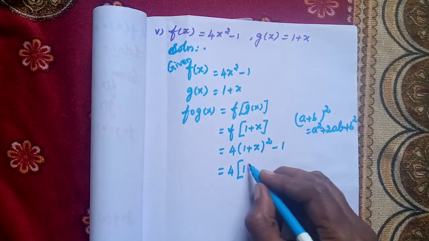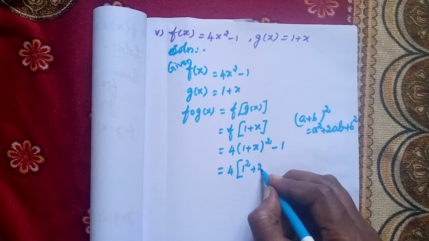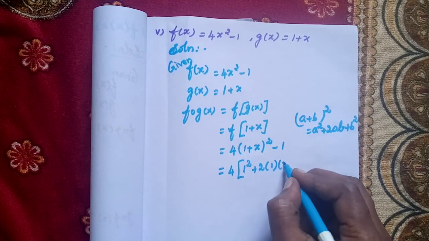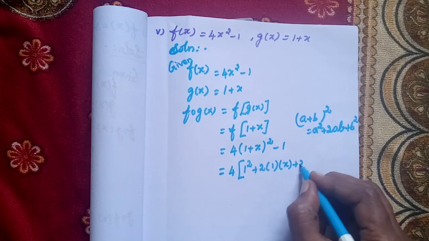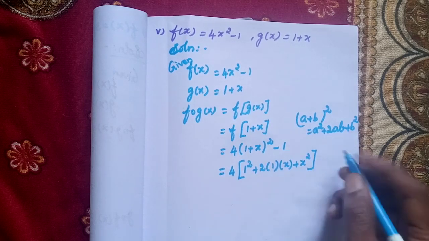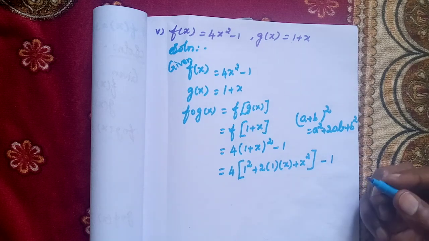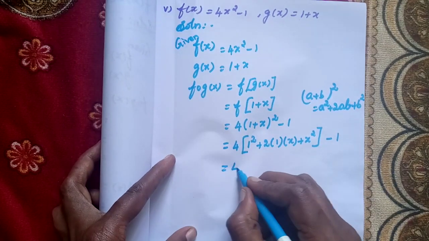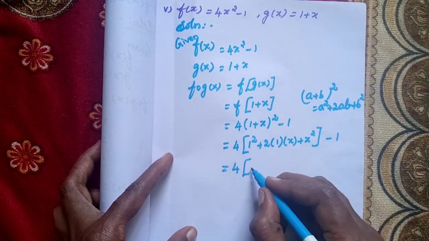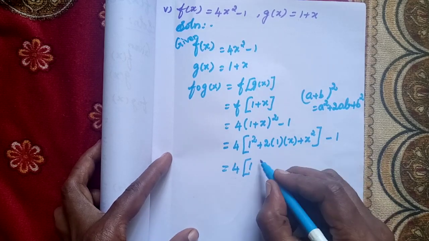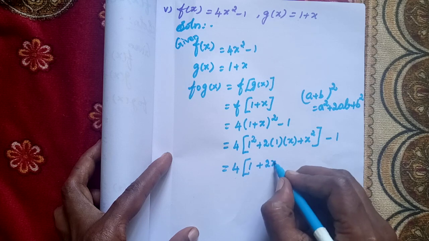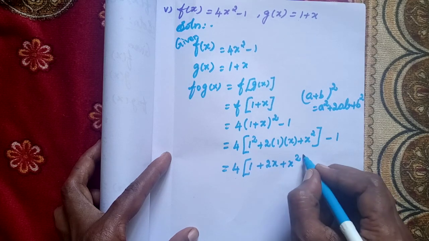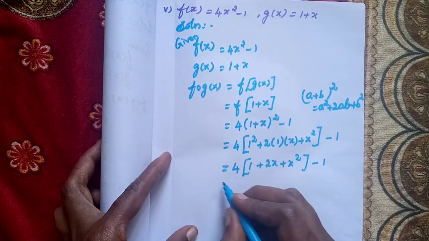So 1 square plus 2 into 1 into x plus x square. Okay, (a plus b) the whole square minus 1. Here it's equal to 4 into (1 square plus 2 into 1 into x, 2x, plus x square) minus 1.